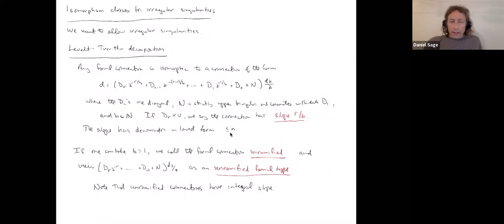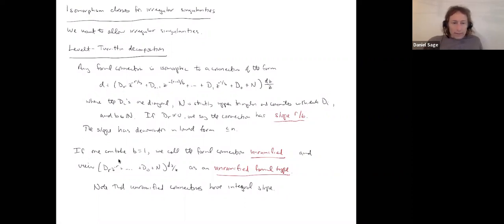Now, by the way, I should stress that actually computing the Levelt-Turrittin decomposition for a formal connection is not so easy. I know how to do it explicitly in many cases, but that uses some other work which I may touch on later.